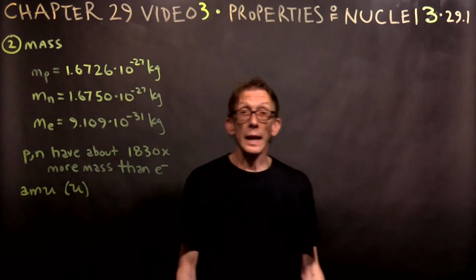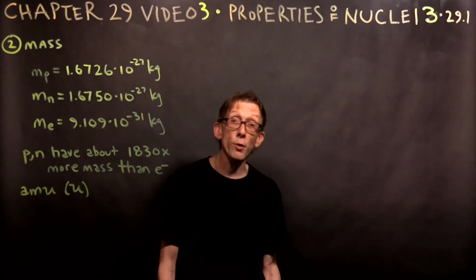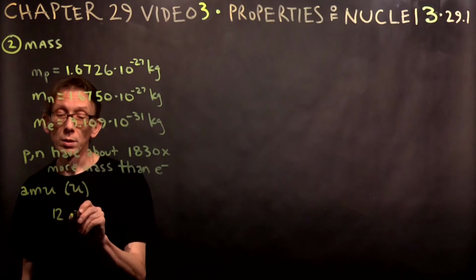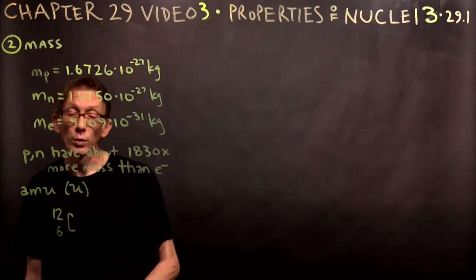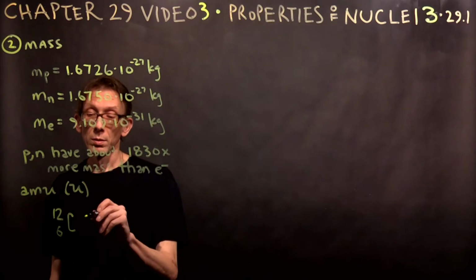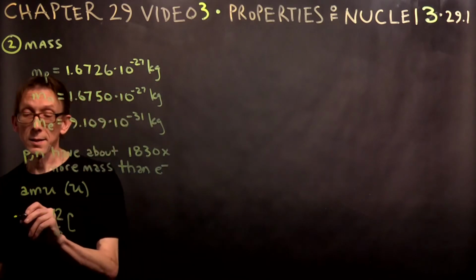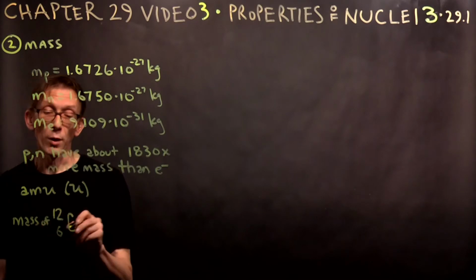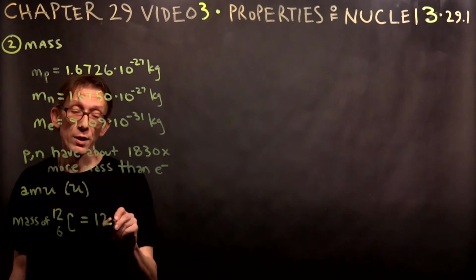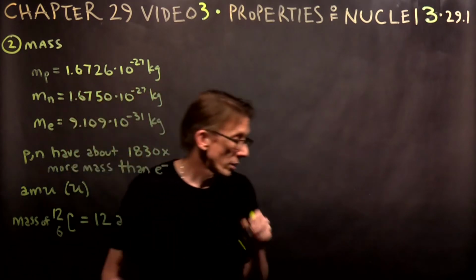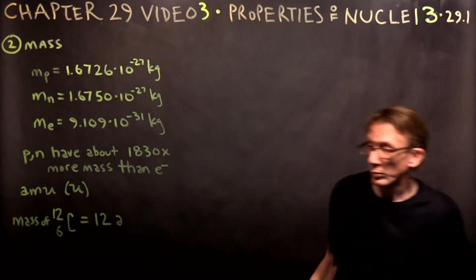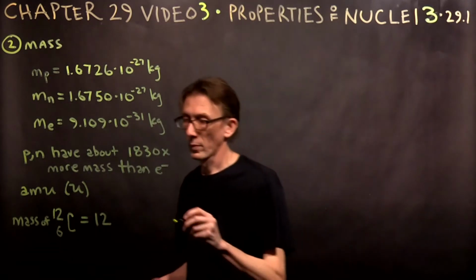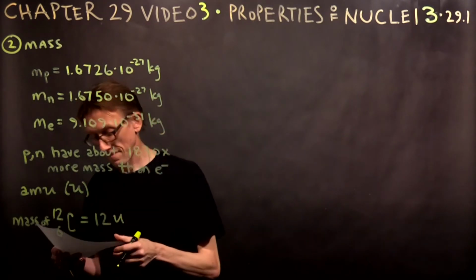The atomic mass unit u is defined such that the mass of a single carbon-12 nucleus is exactly 12 u.